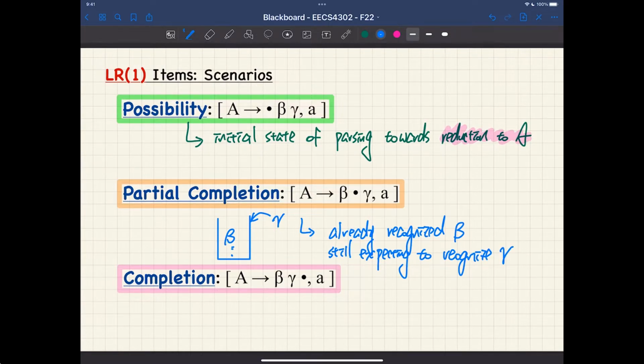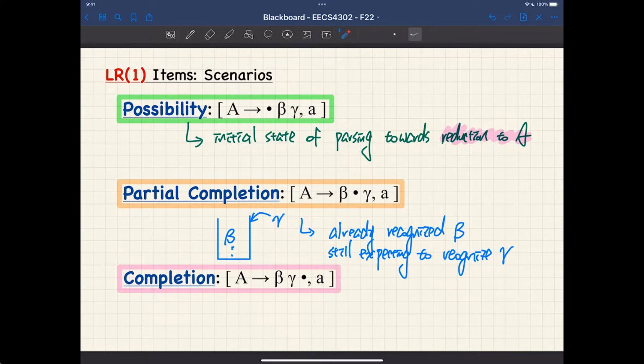And hopefully we can recognize gamma and then we should be ready to reduce back to A. That's the intermediate stage. Of course, in general, you don't necessarily have just two components in the production rule. It could be several. This is just symbolic, just for illustration.